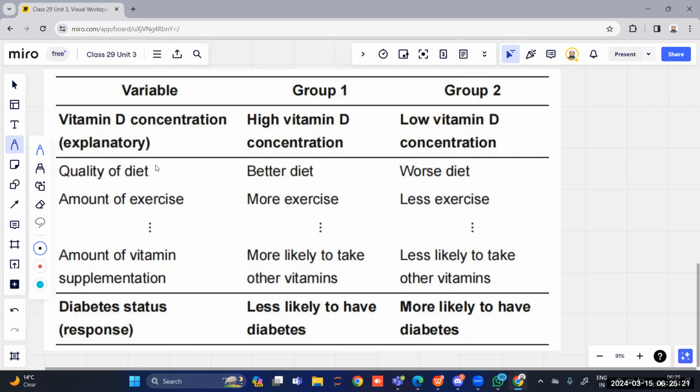Let your brother study. What is her name? The name is the vitamin D concentration. No, your sister's name. Oh, Zoya, mashallah. Zoya, let your brother study. Okay, he said let me study.